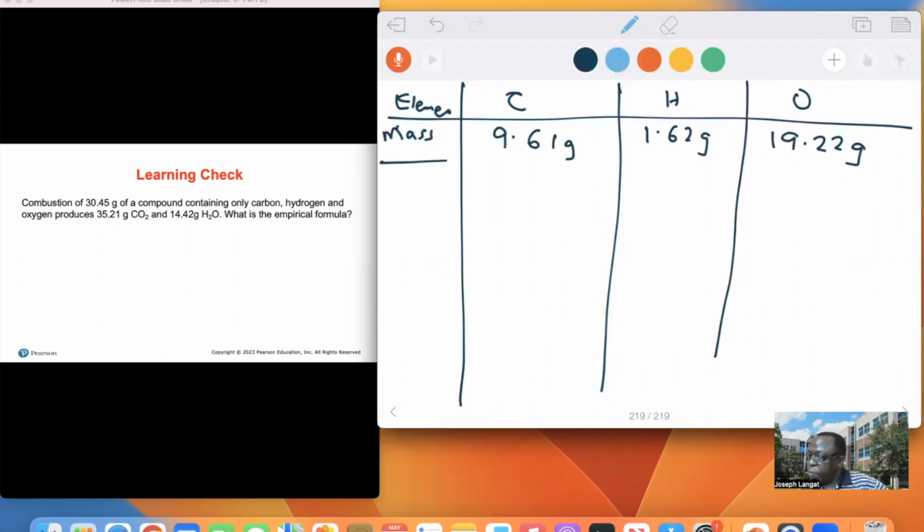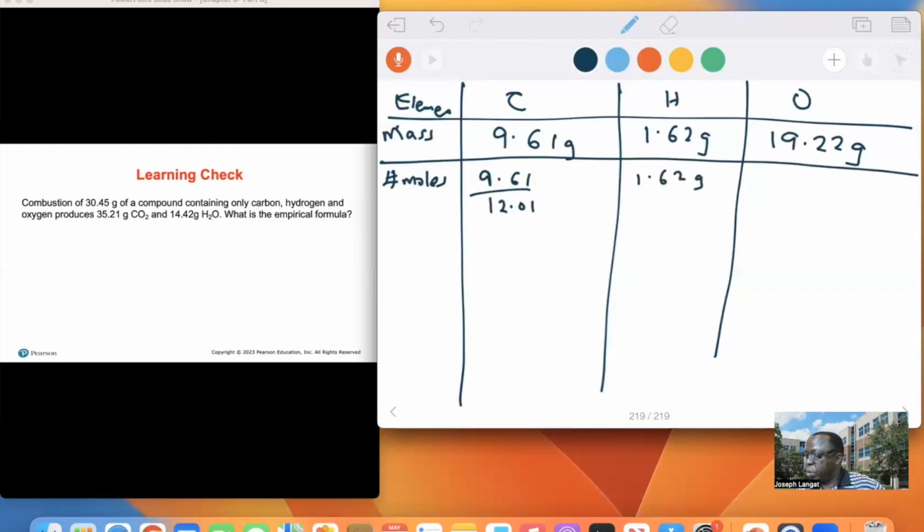We can find the number of moles. Let's see, number of moles is given by 9.61 divided by 12.01, 1.62 divided by 1.01, 19.22 divided by 16.00.